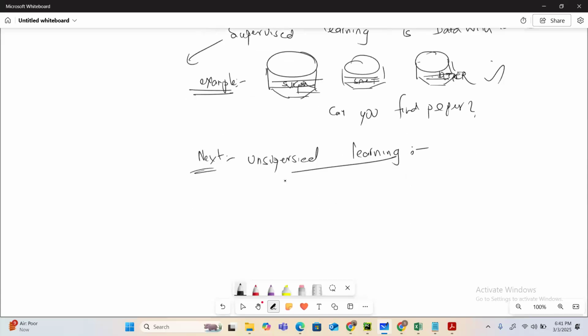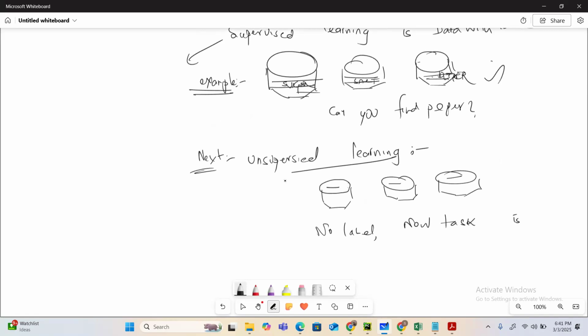Same bottles, same bottles, but no labels. Now the task is to find the sugar. What will we do now?